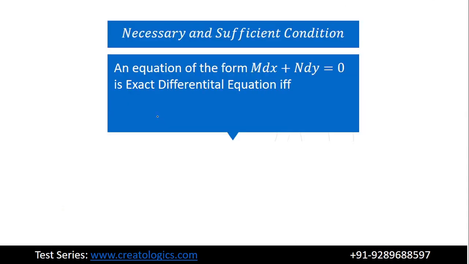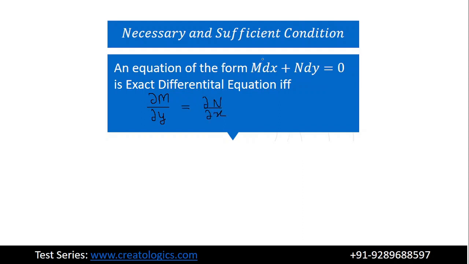See, if you have a differential equation M dx plus N dy is equal to 0, this is your given differential equation. This is said to be an exact differential equation if and only if the partial derivative of M with respect to y becomes equal to the partial derivative of N with respect to x.